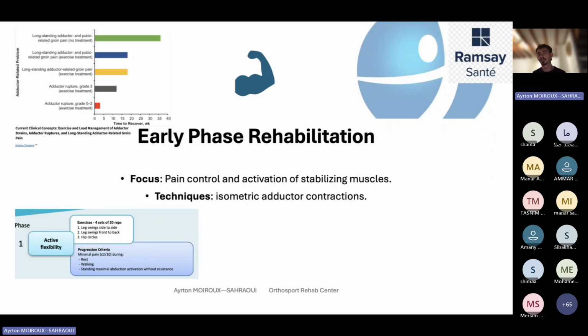And test, retest, always. Change the rehab if there's no improvement. Retest, do something else. Don't do the same thing for 4 months and then 4 months later say, oh, I don't know, go see another practitioner. No, if there's no improvement in the first 2 weeks, there's not going to be any improvement in the next 2 weeks.